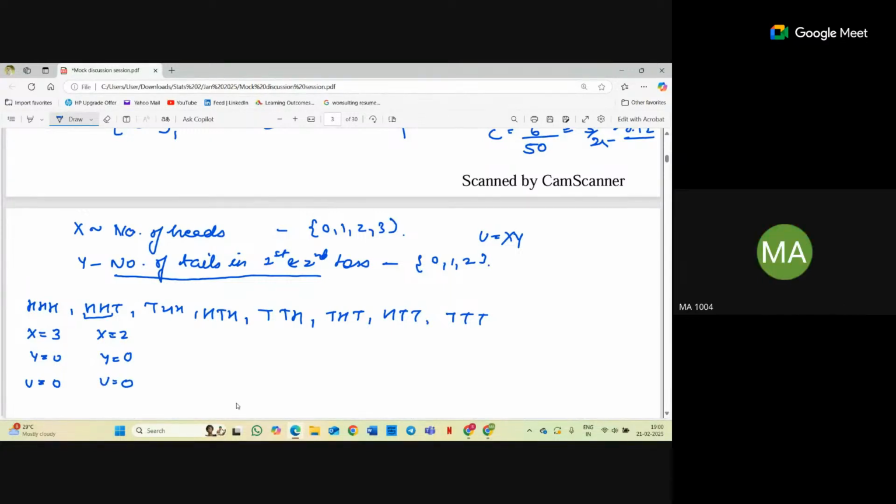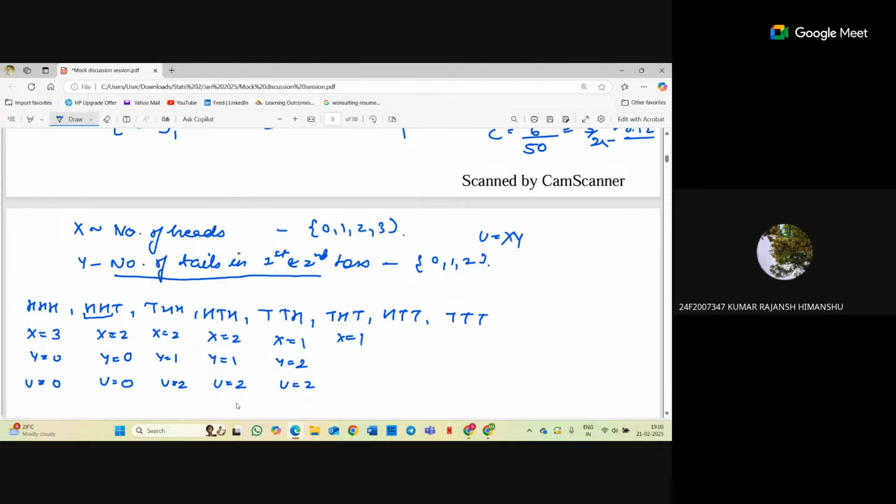Now for this, the value of x is 2, y is 1, u is 2. x is 2, y is 1, u is 2. x is 1 and y is 2, u is 2.